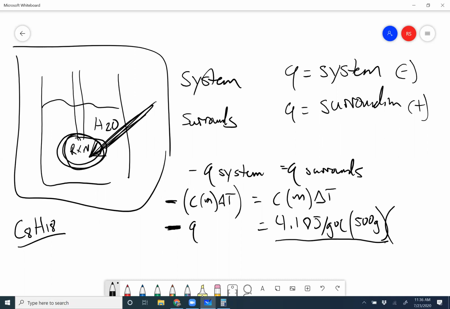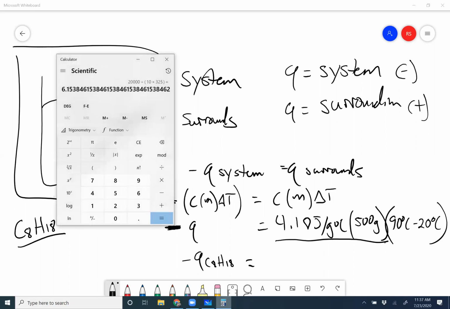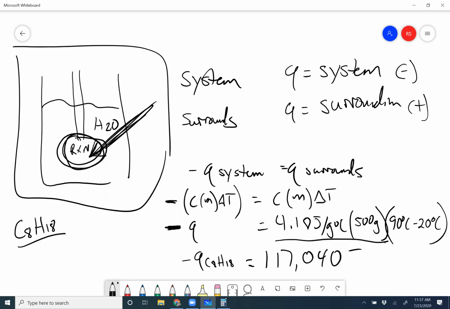And so say our water got to 90 degrees C from room temperature. Maybe it was cold in that room. So now we know that the negative Q of the combustion of the octane will be equal to a number that is easily calculated by just measuring the mass and measuring the temperature. And then times 90 minus 20 is 70. We had 117,040 joules.